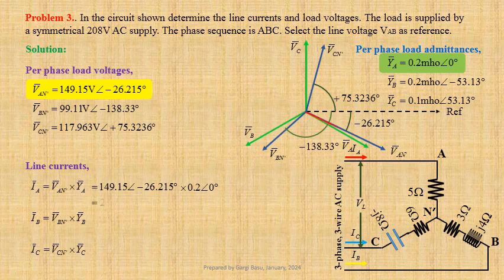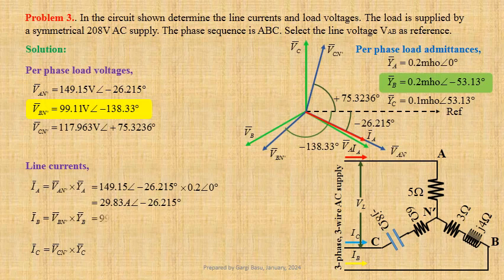That gives us 29.83 ampere at an angle minus 26.215 degree. IB equals 99.11 at an angle minus 138.33 degree into 0.2 at an angle minus 53.13 degree.